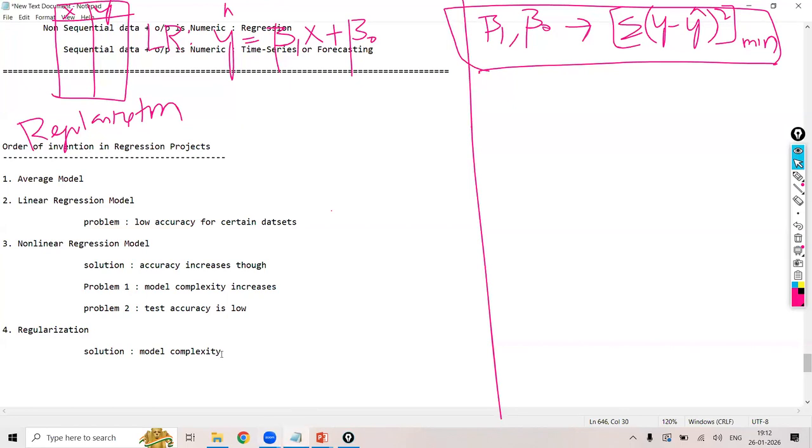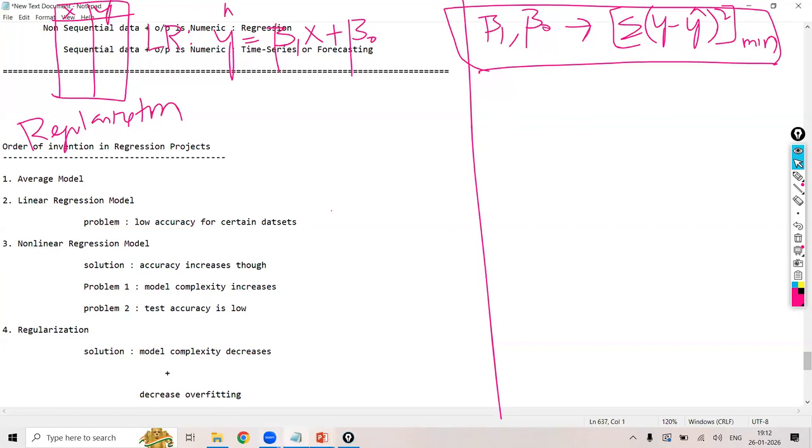Now, they came up with the solution where I will decrease the model complexity and at the same time decrease the overfitting. I will do both of them, and both problems will be solved. So what are the complexities? That one and this one.